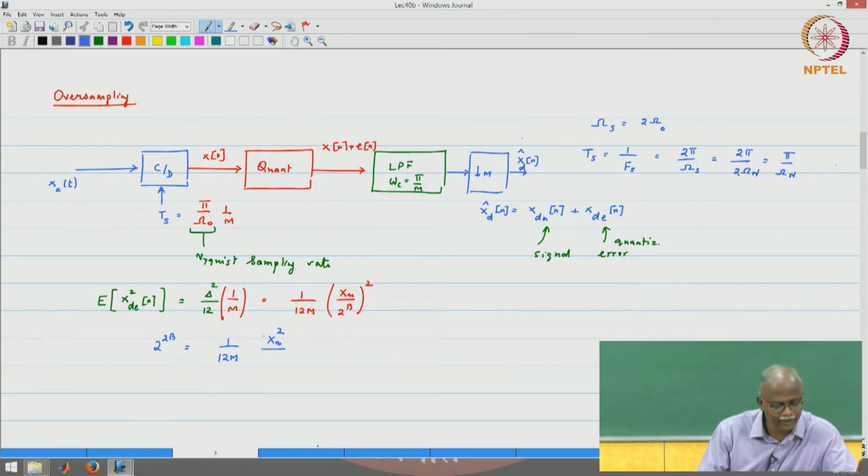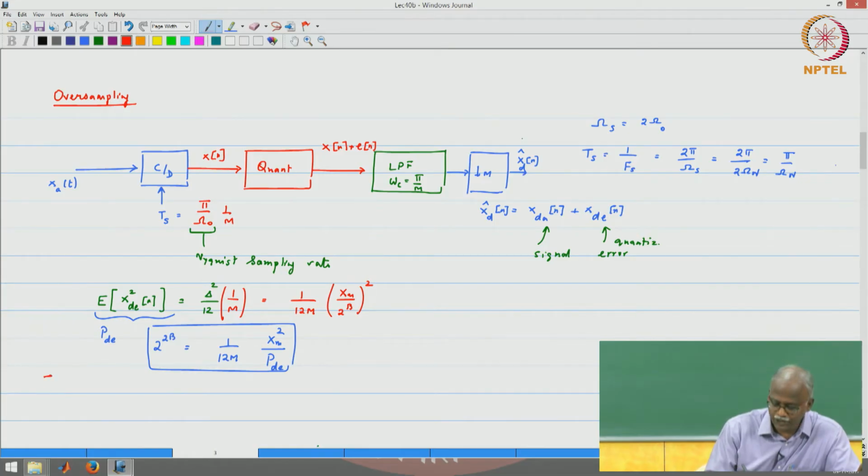times X m squared divided by, if I call this the power of the signal, P dE. Okay, so this is divided by P dE. This is a new equivalent representation of the previous expression.